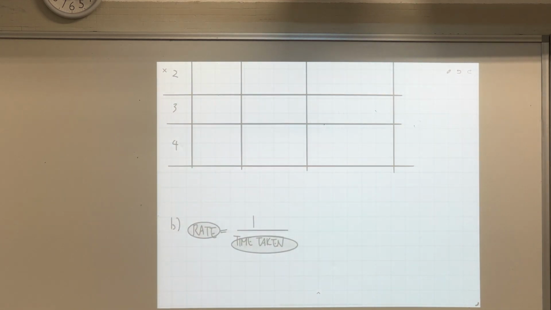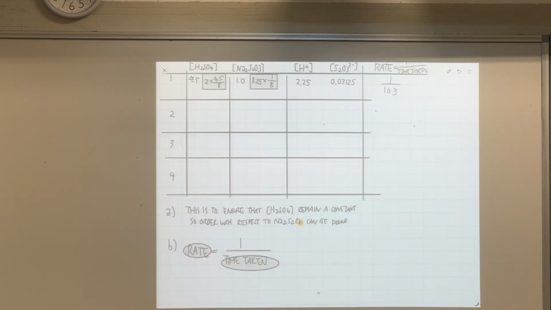Here let me also put down the answer to part A. This is to ensure that the concentration of H2SO4 remains a constant, so the order with respect to Na2S2O3 can be found. If this is also a changing number, we will not be able to solve for the order of thiosulfate.